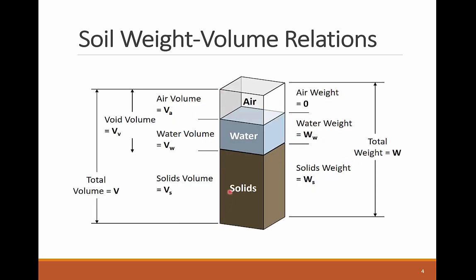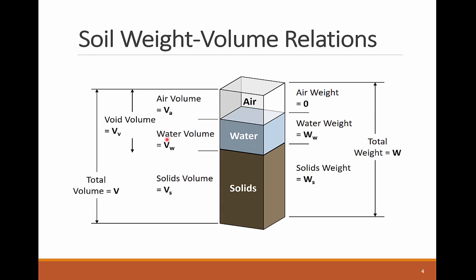The left notations are for volume values. The right notations are for weight values. The total volume is made up of the volume of the solids and the volume of the voids. The volume of the void is the addition of the air volume and the water volume.